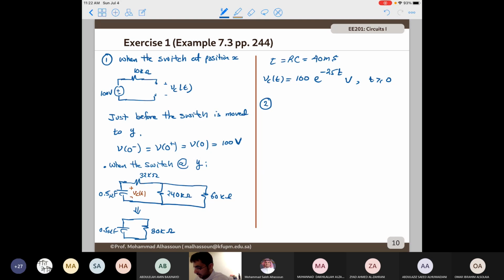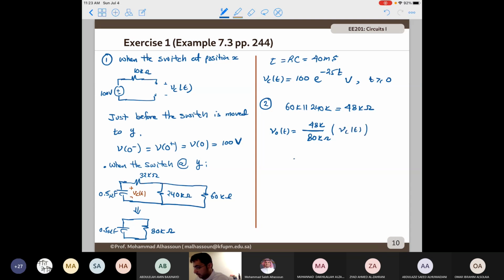So let me just write it down here: 60 over 48 plus 32, which is 80, multiplied by VC of t.